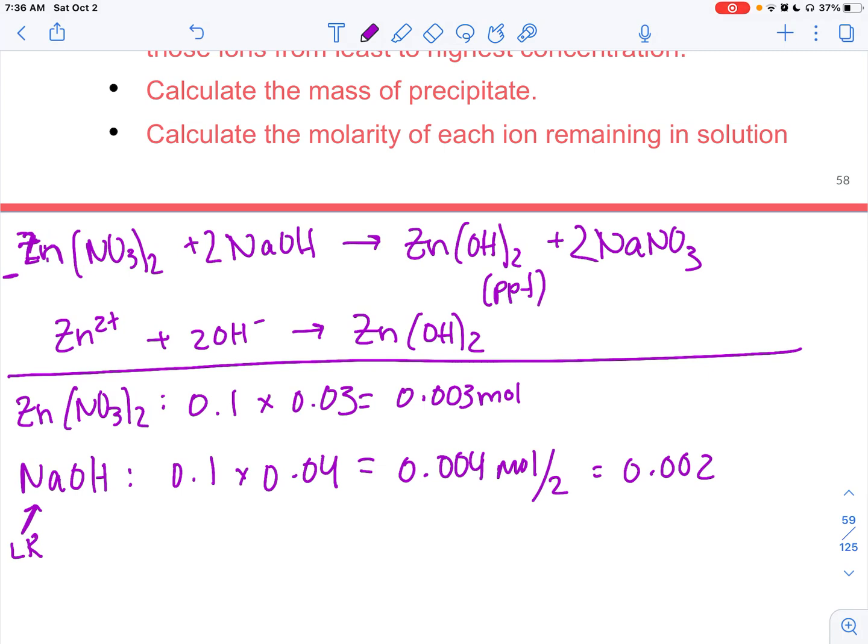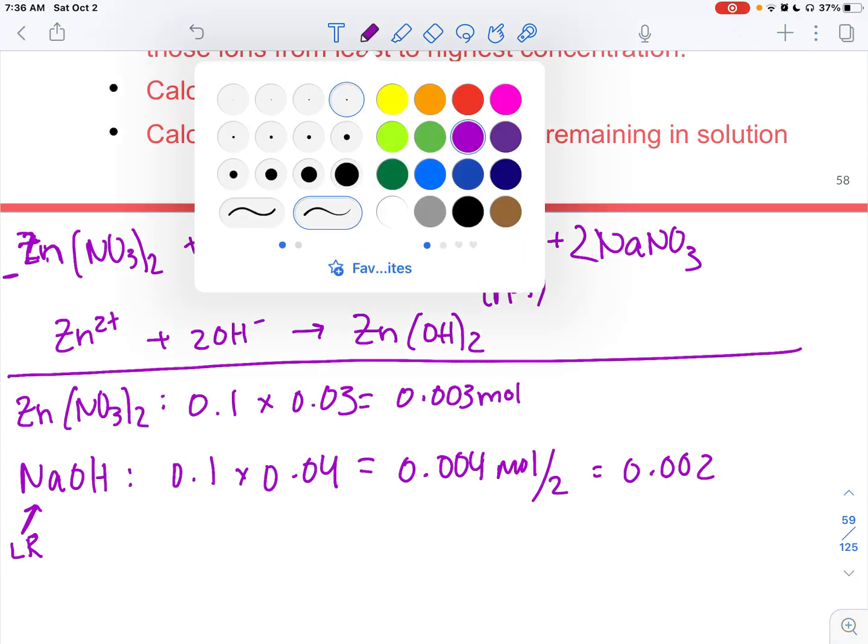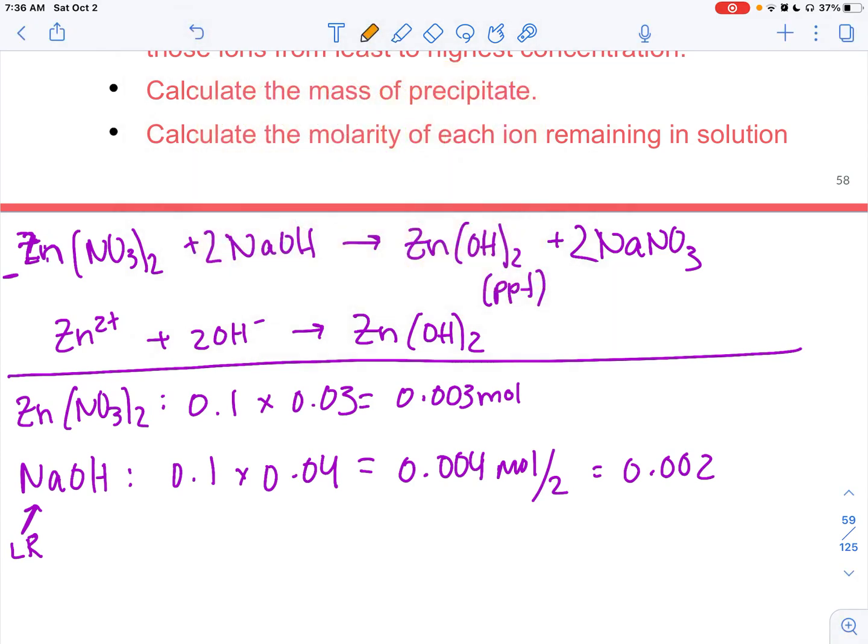So if we go back to our reaction and we're figuring out the ions left in solution, if this is the limiting reagent, we say there's none here. For our excess, we would have used 0.002 of this, so we'll have 0.001 left.